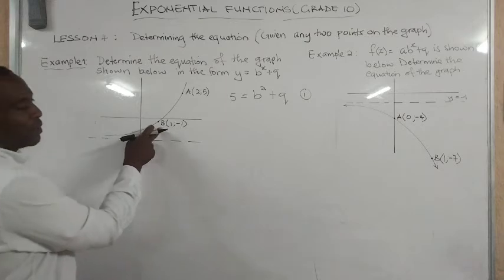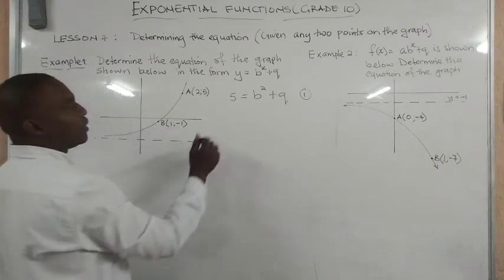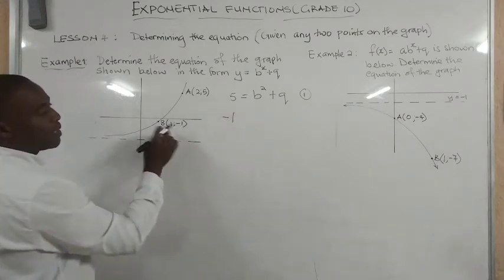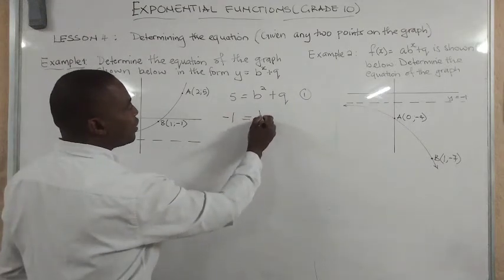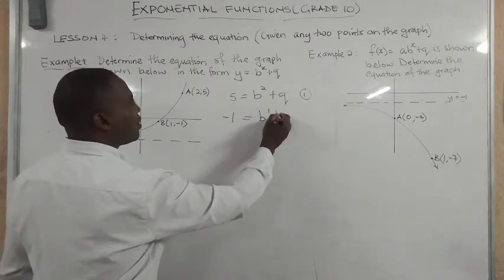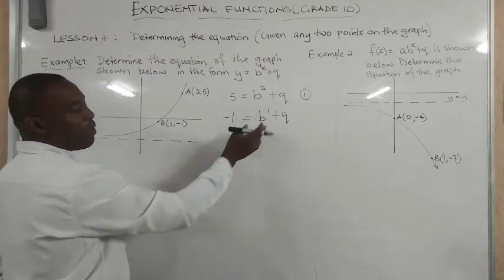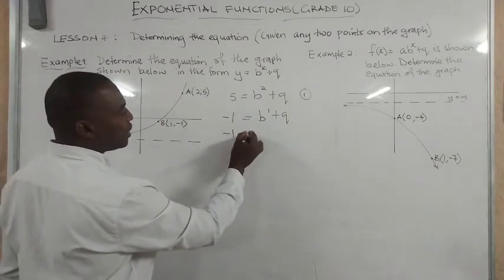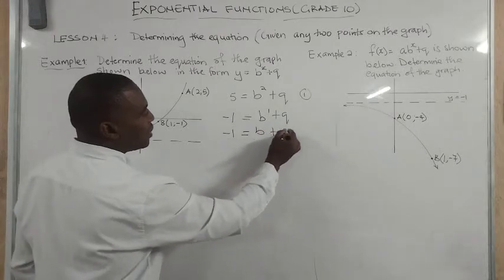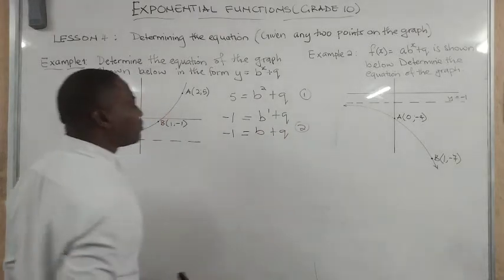Then let's use the coordinates of b. That would be y is negative 1 is equal to b to the power 1 plus q. So obviously b to the power 1 is just b. We can write it as b plus q. That is equation 2.